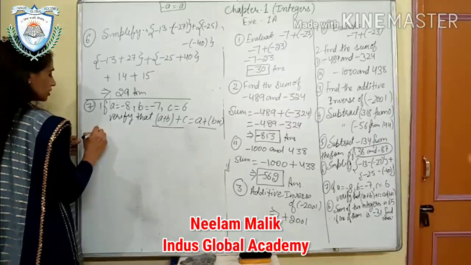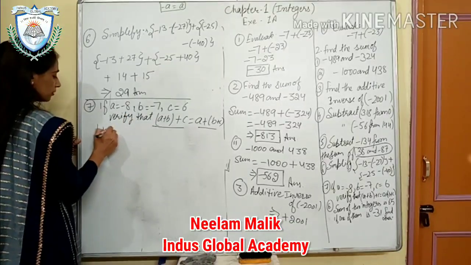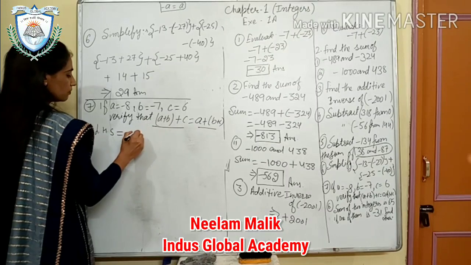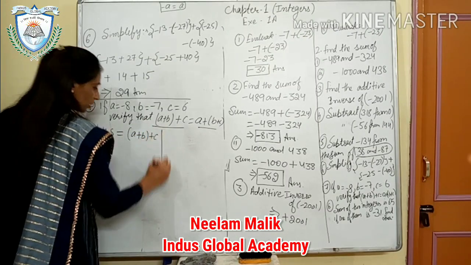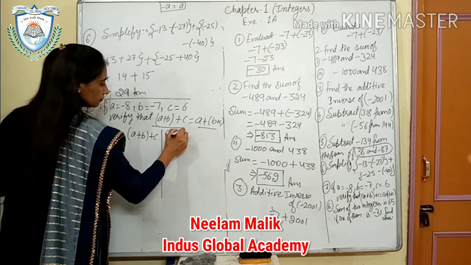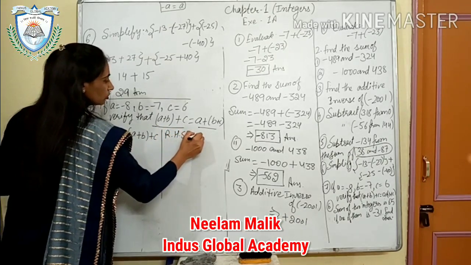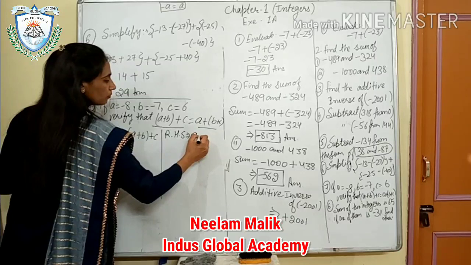So how will we do it? We will take the left hand side. What is your left hand side? A plus B plus C. Here I will take the right hand side later.